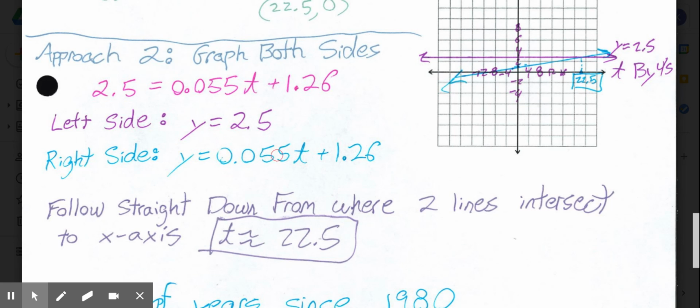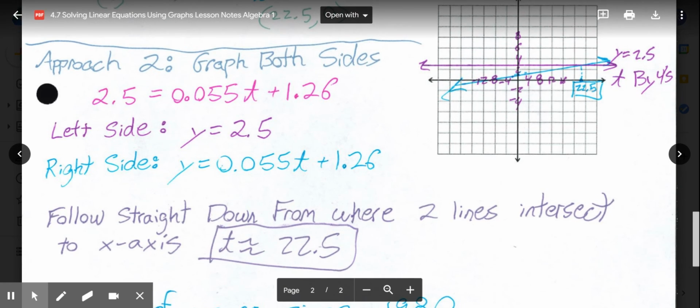Now again, these aren't nice numbers, but if we did our best to graph it, we would get this blue line here. Now where the two lines intersect, from that point where those two lines intersect, you go straight down to the x-intercept, and wherever that number approximately is, tells you how many years till they meet.